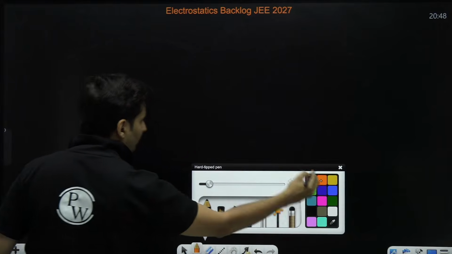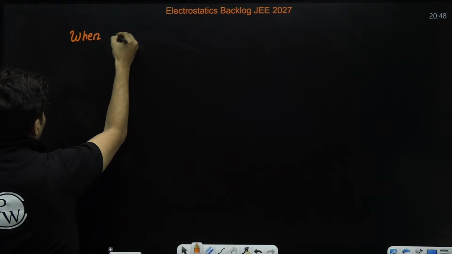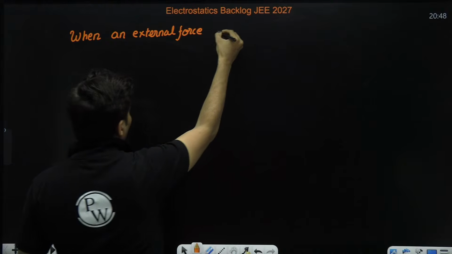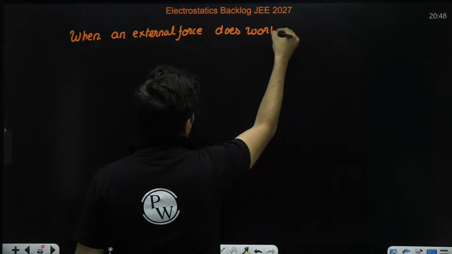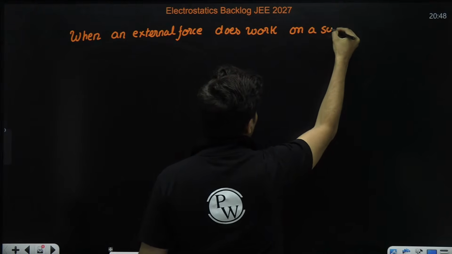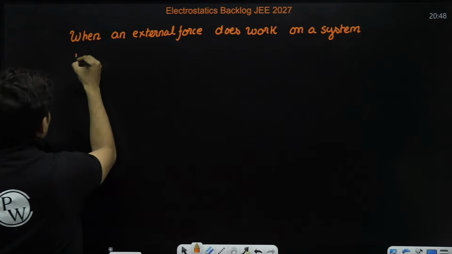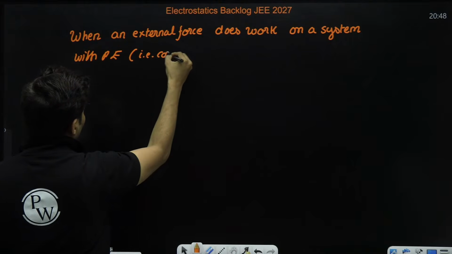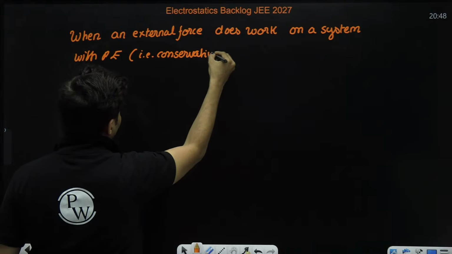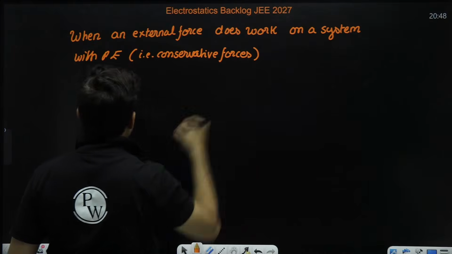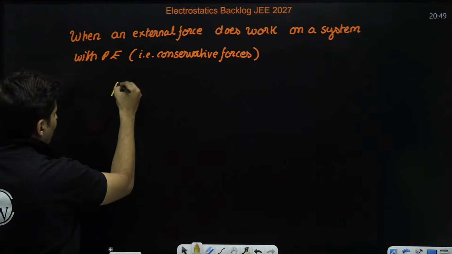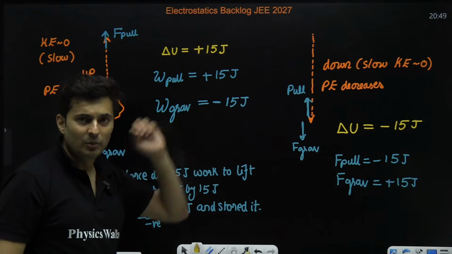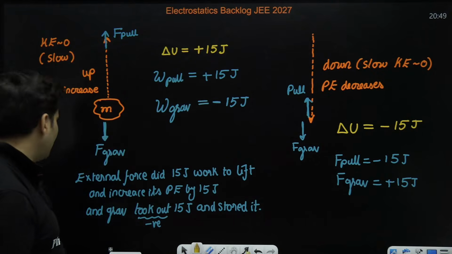So when an external force does work on a system with potential energy, that is conservative forces, then I can always say whatever is the value of delta U, the change in the potential energy, will always be the work done by the external force.